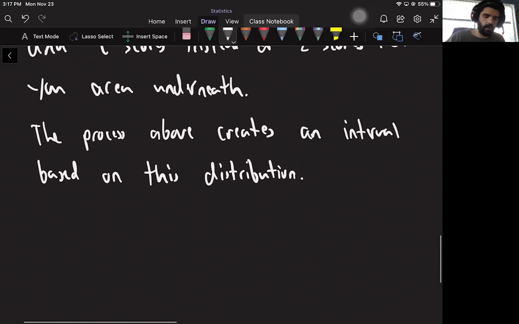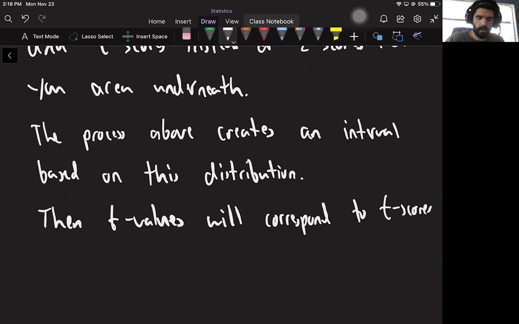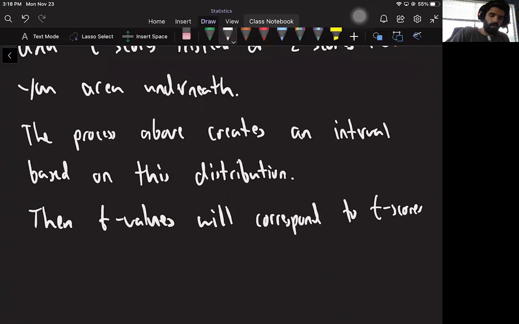So then the point is that t-values will correspond to t-scores, just like critical values corresponded to z-scores, where they're based on the amount of area that you want, and that's called your confidence level.